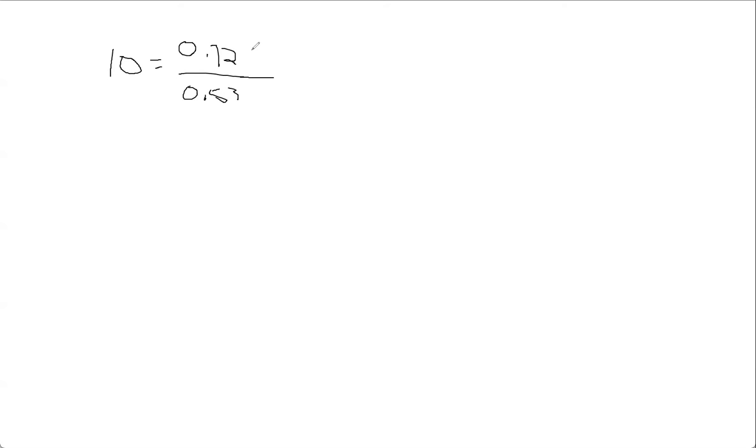The acid or the conjugate base? The acid. Yes, the acid. So the acid is going to decrease and the conjugate base is going to increase. So it's exactly opposite of what we did before. Okay, so conjugate base is going to increase and the acid's going to decrease.